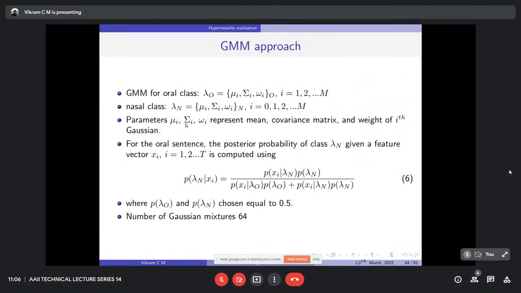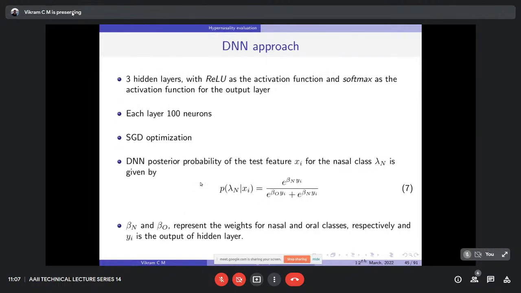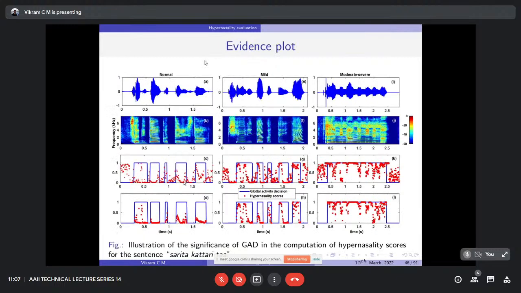In the case of GMM, it is straightforward: we have one model for the oral class and another model for the nasal class, and we compute the posterior probability for the nasal class. In the case of DNN also, we compute the posterior probability using the softmax equation, and using this we can detect the hypernasality.